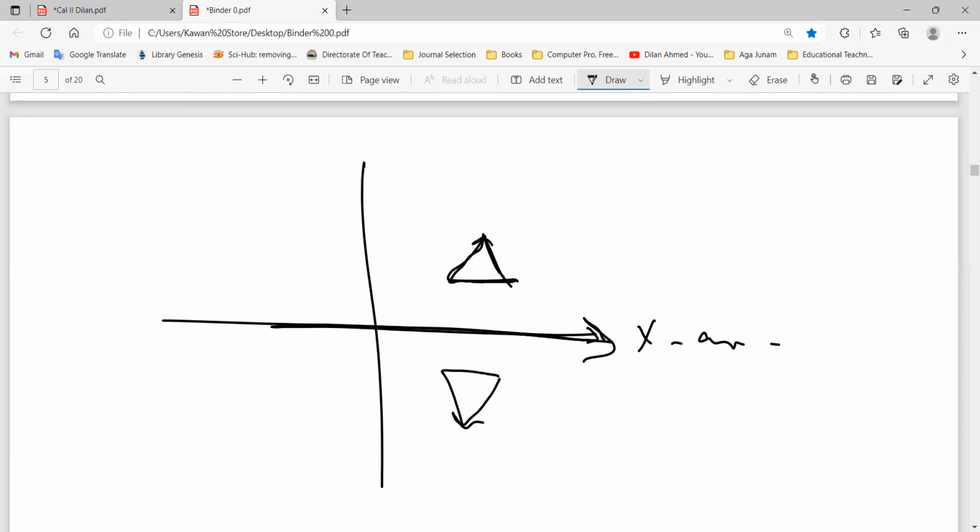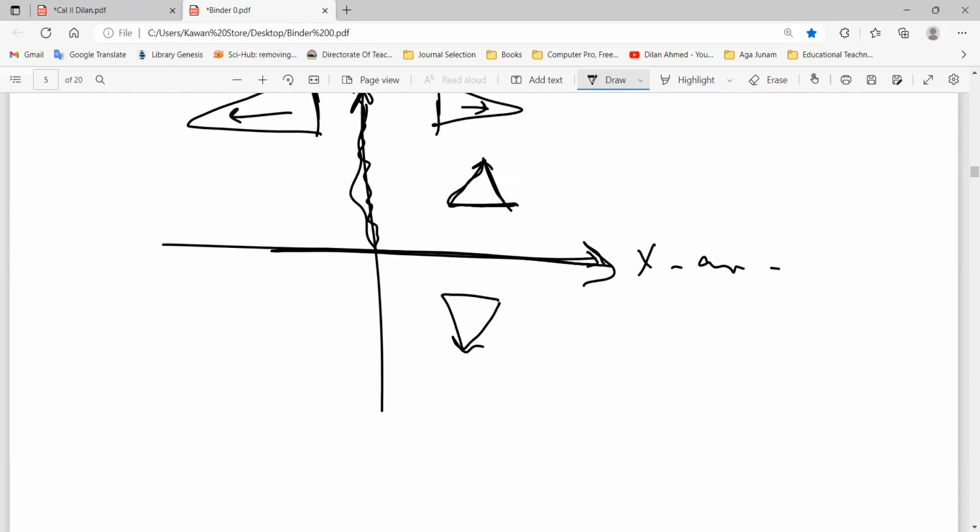When we look at symmetry about the y-axis, if I have a triangle like that, here it will be like that. So in the second case, the y-axis is my mirror. You look at yourself, touch your right side, and your image is on the left side. Also, we have symmetry about the origin, so the origin is the mirror.